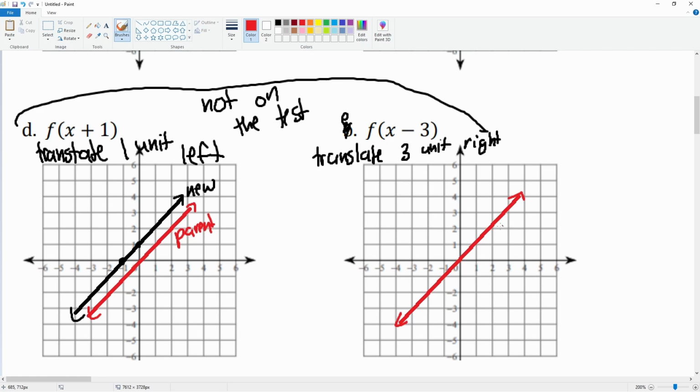Here you go. This is the parent. And then we're going to move it 3 units to the right. So 1, 2, 3. Okay, maintain the same slope. And this is the new one. And that's translated to the right.